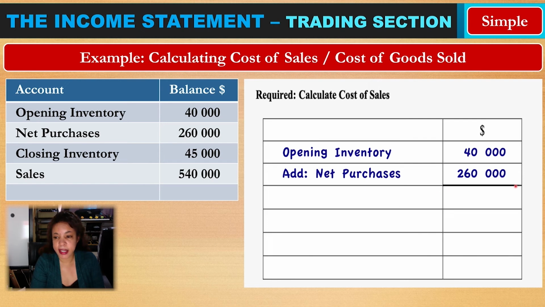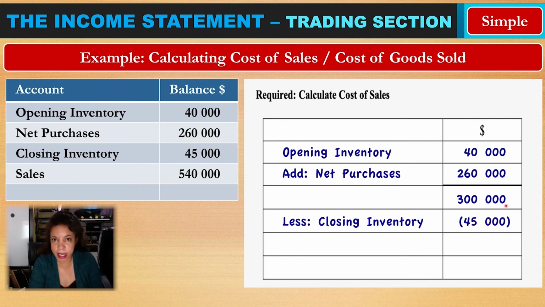You draw your line, you add them up, and you get 300,000. And then what's the last thing you do? Less closing inventory. They gave you 45,000 in brackets because we are subtracting, less. You draw a line to show there's a calculation, and your cost of sales is $255,000.